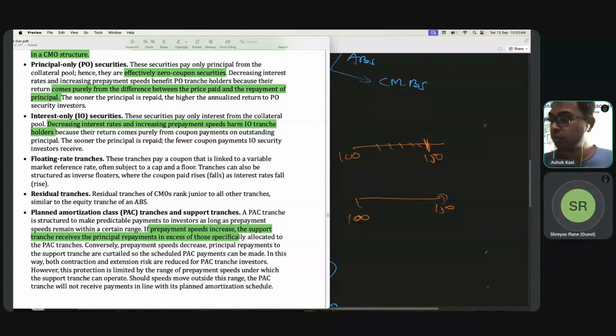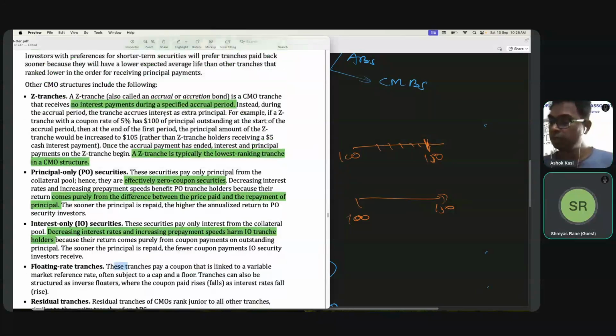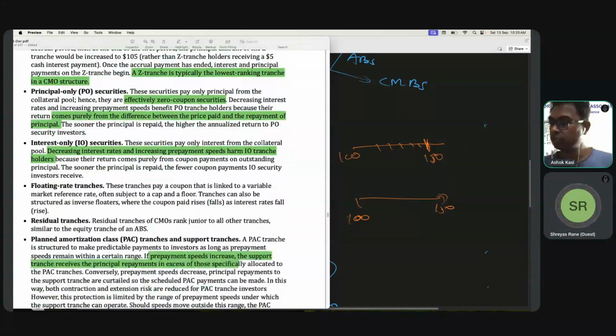The sooner the principal is repaid, the fewer coupon payments interest only security investors receive. Okay, this is interest only. Floating rate also. Here the key words are these. This one you can remember is the tranche.